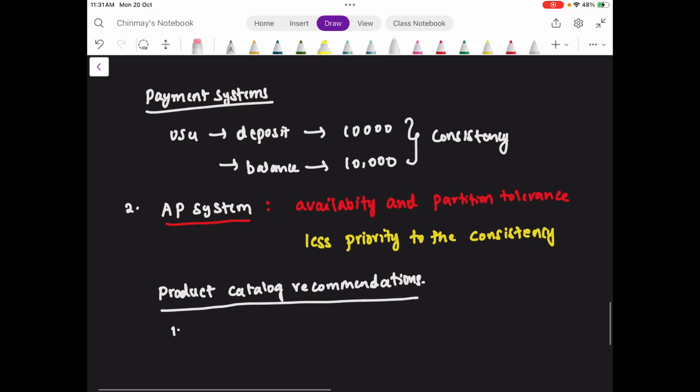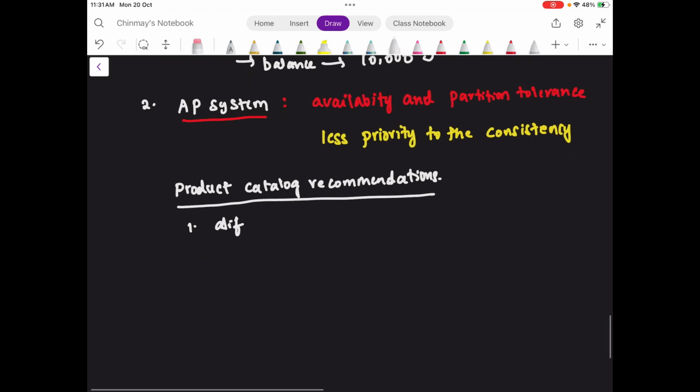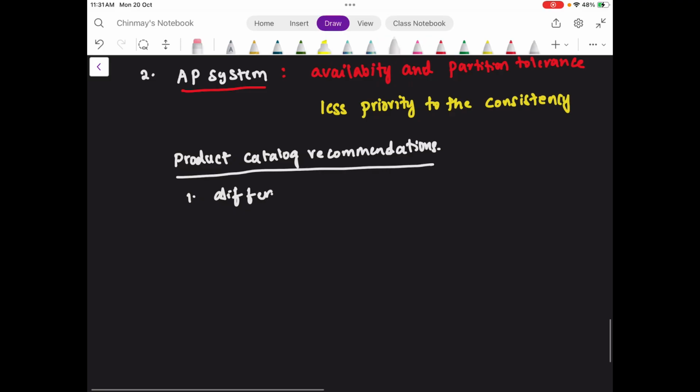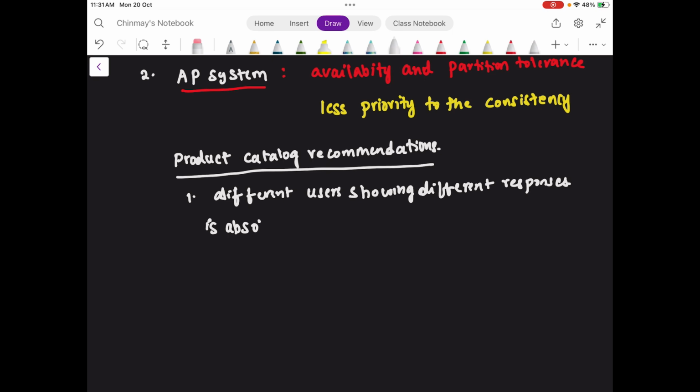Different users showing different responses is absolutely fine, but showing a response is more important.